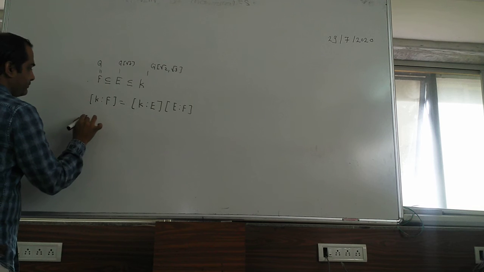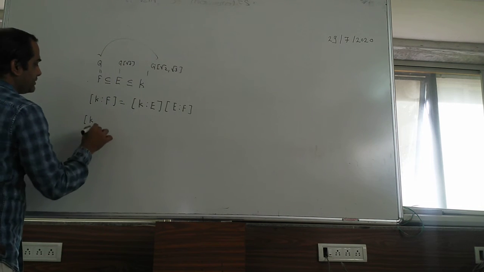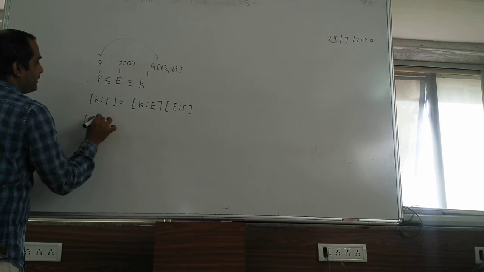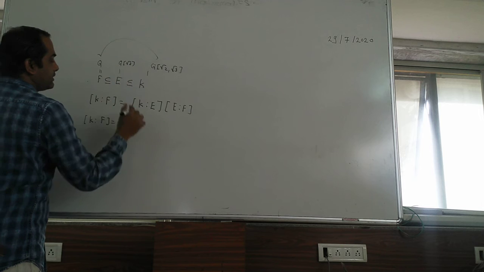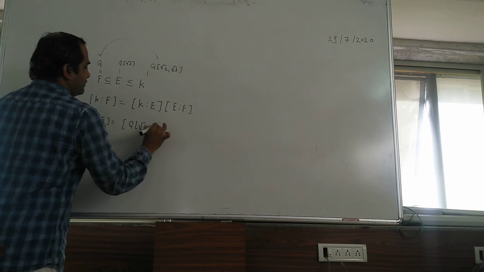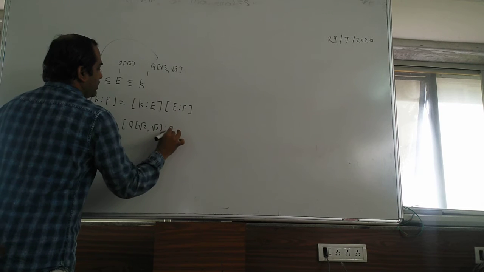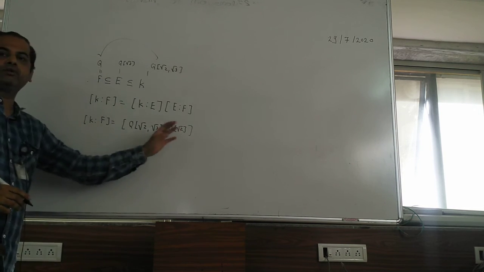So we have the degree of extension of K over F, which is Q of root 2 comma root 3 over Q of root 2, times Q of root 2 over Q. Find out the degree of extension of this over this.